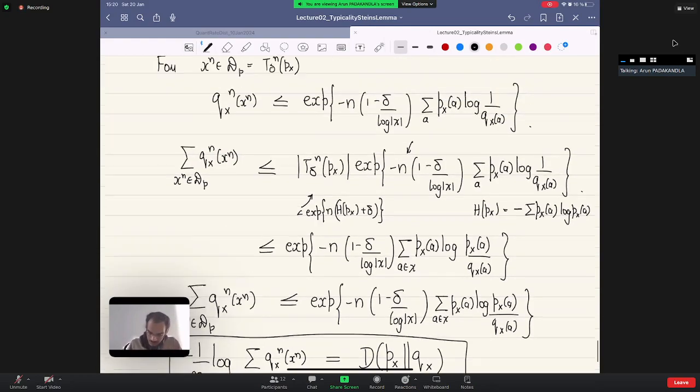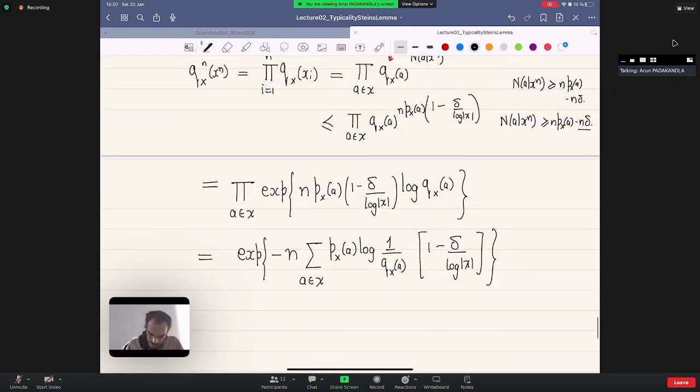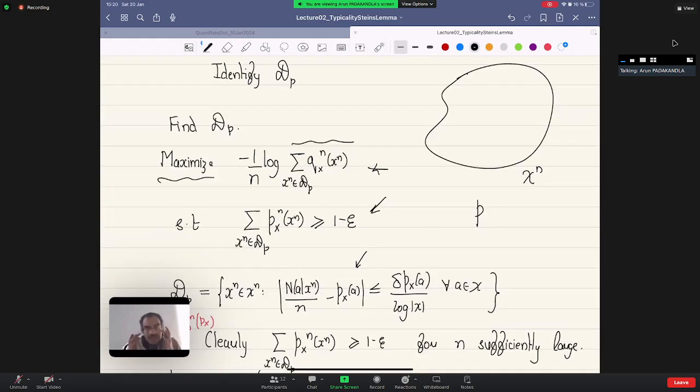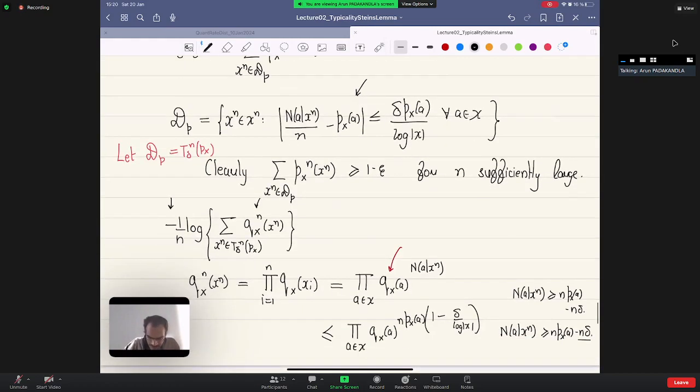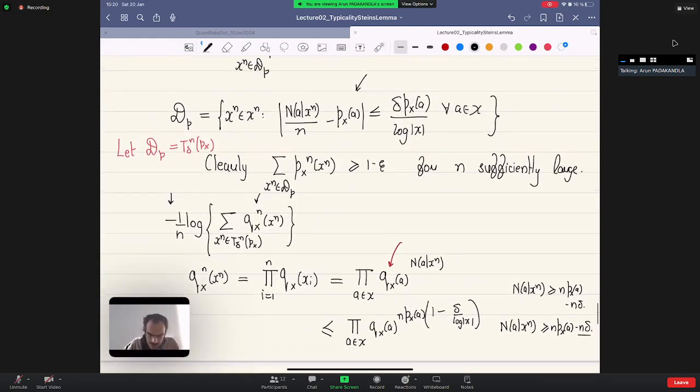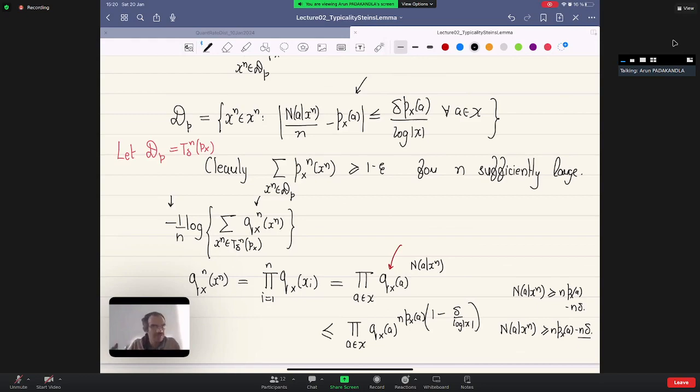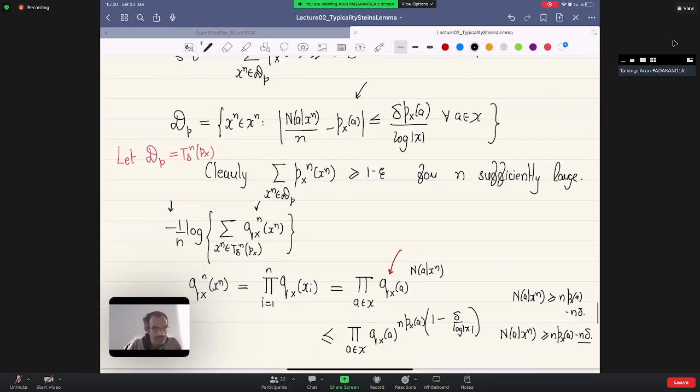So look back here. We wanted to find a set where the probability under fire is very high, but you want to maximize the exponent at which the false alarm falls. We have chosen, somehow we were ingenious, we identified one such set, and we characterized the exponent at which it falls, and we ended up with the relative entropy.